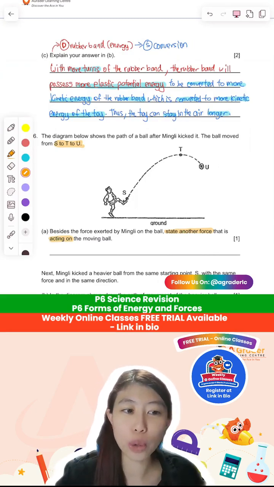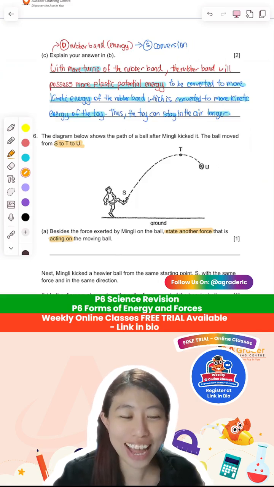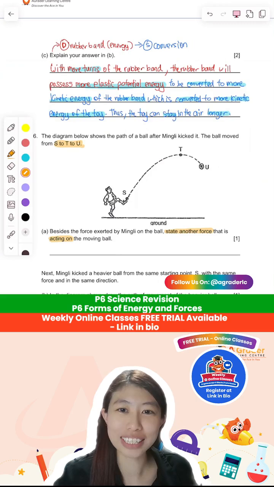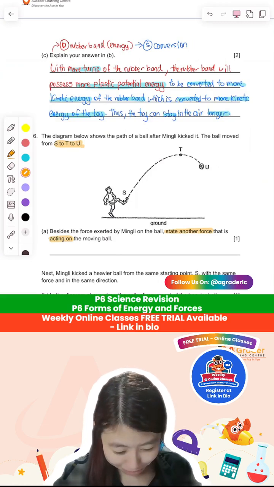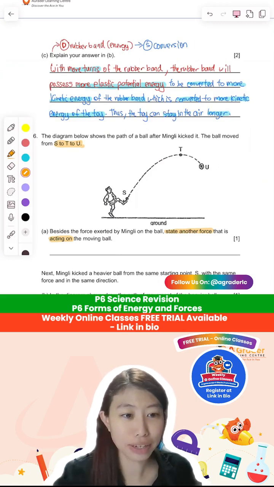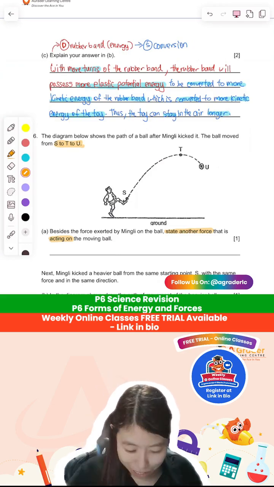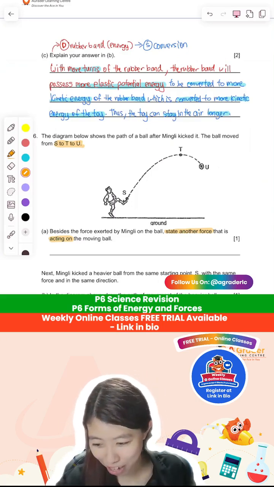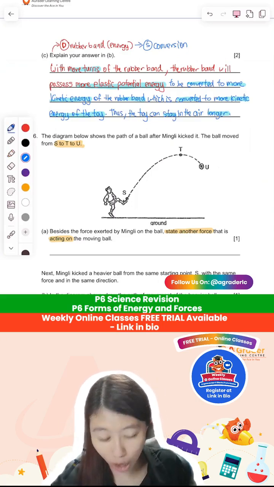I give you a clue, okay? This force acts on everything all the time. The easiest. This force acts on everything all the time.